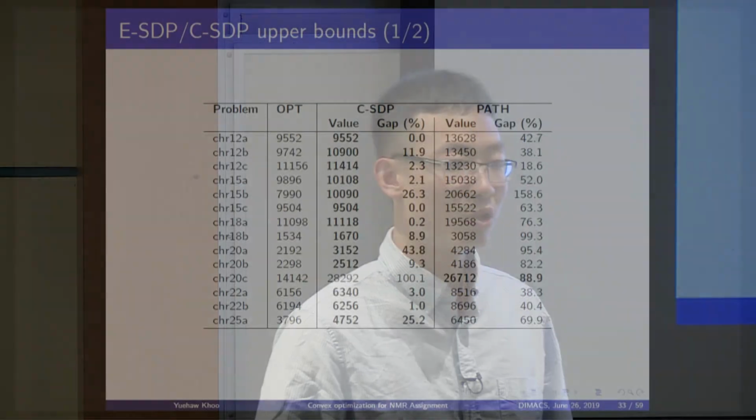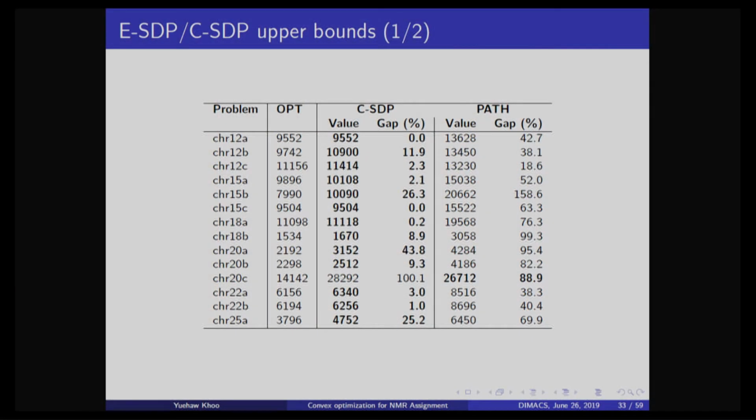All the previous convex relaxation methods with size n squared by n squared don't readily give rise to a simple projection method to obtain an upper bound, and therefore we can only compare with a non-convex optimization solver, a path method for the QAP problem. Like I said, we get our doubly stochastic matrix, project it to a permutation matrix, and obtain an upper bound.